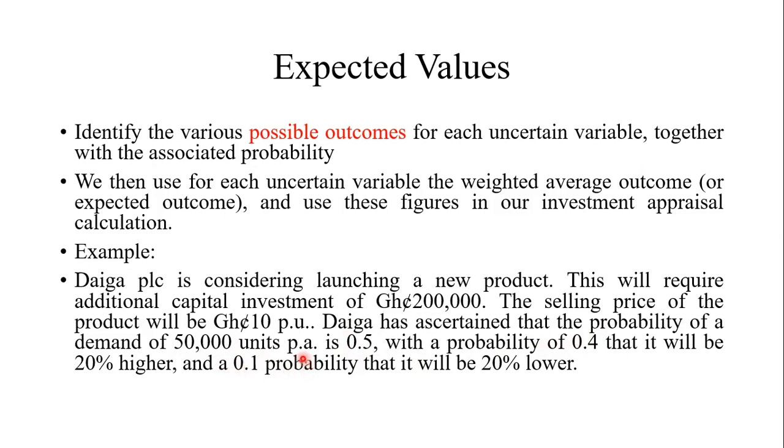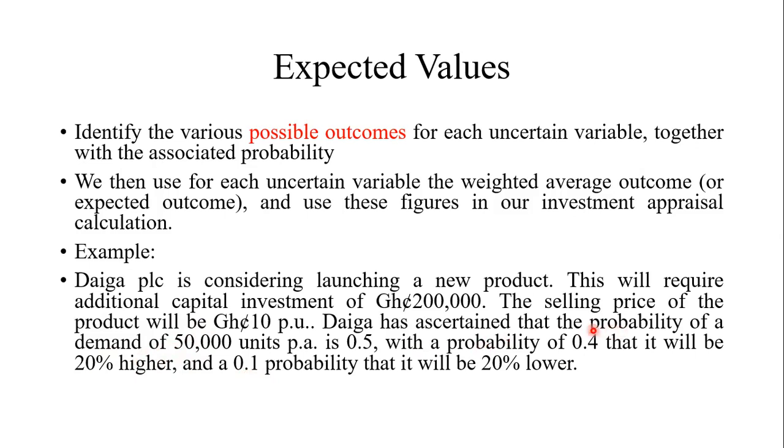Okay, now for a demand of 50,000 units per annum, the probability is 0.5. With a probability of 0.4, that will be 20% higher. 20% higher, that is 20% times 50,000, that is 10,000. So 10,000 plus 50,000 gives you 60,000.